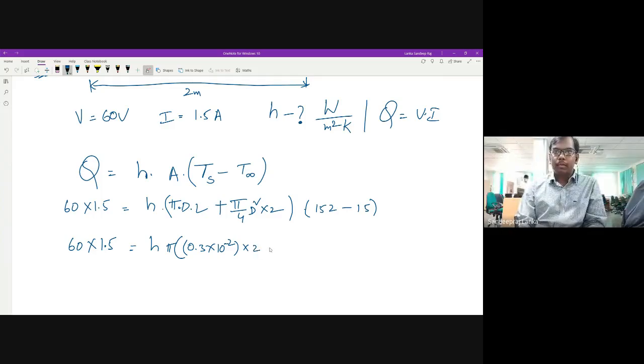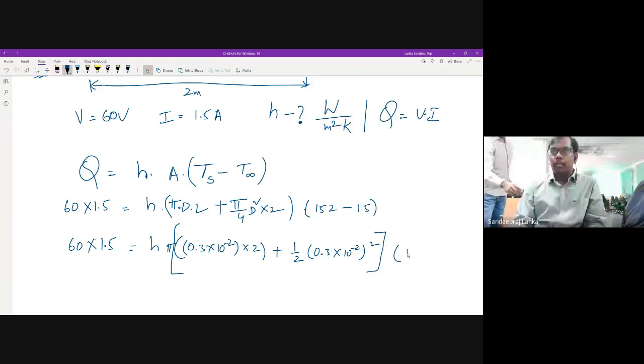L is 2 meters, given. And then if I take pi aside, it is 1 by 2 into 0.3 into 10 to the power of minus 2 whole square into 152 minus 15. This is your equation. h is unknown in this expression.